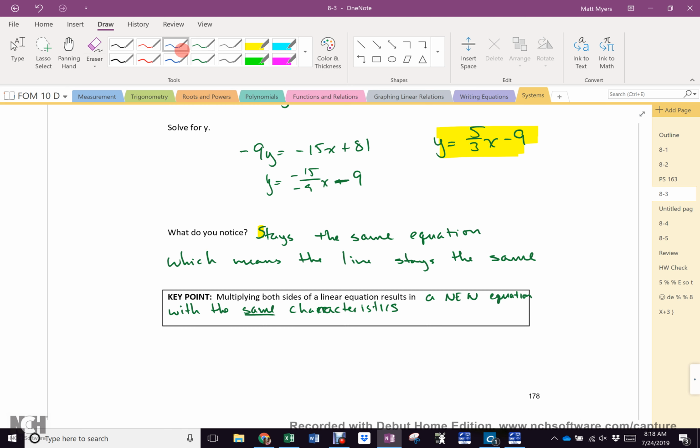What that means for us is we can change the appearance of a system, but not the solution.